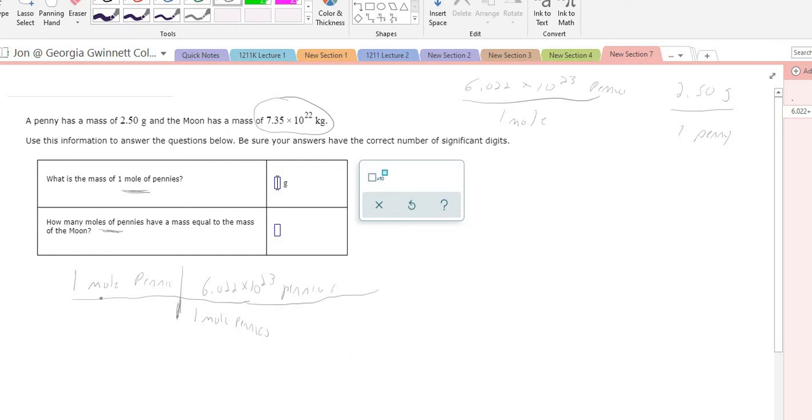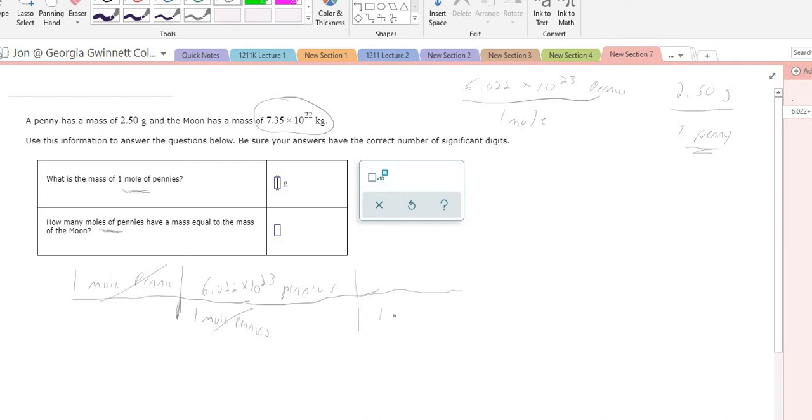I cancel my units, moles of pennies, moles of pennies. I ask myself, is this a true statement? In 1 mole of pennies, there are 6.022 times 10 to the 23rd pennies. That is a true statement. And so finally now I can say, in 1 penny, because my pennies will cancel out there, there are 2.50 grams.